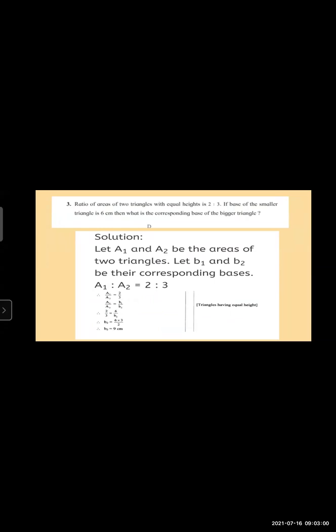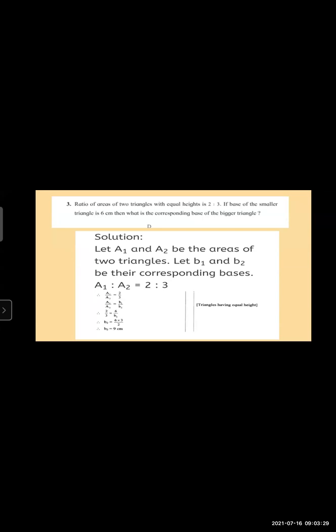Let B1 and B2 be their corresponding bases. See student, A1 is the area, then B1 is the corresponding base. And A2 is the area, then B2 is the corresponding base. So here A1 by A2 is given 2:3. And they give that they have equal height. If height is equal, then the ratio of the areas of two triangles is equal to B1 by B2.